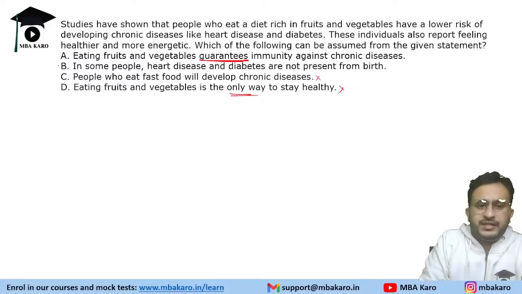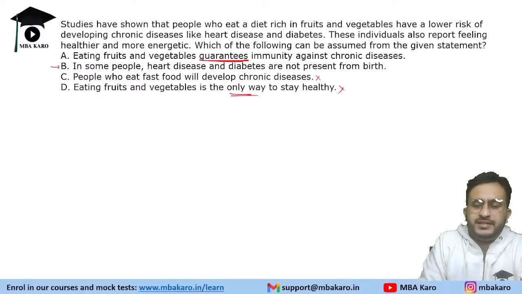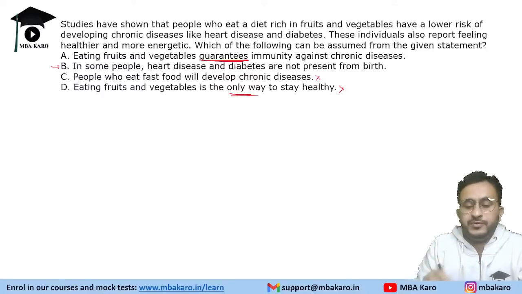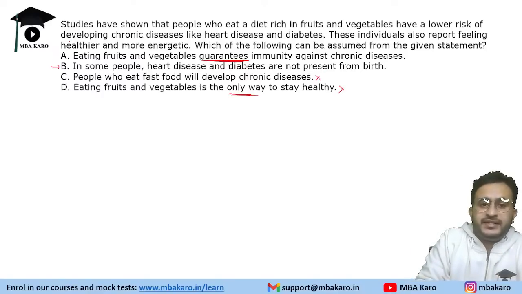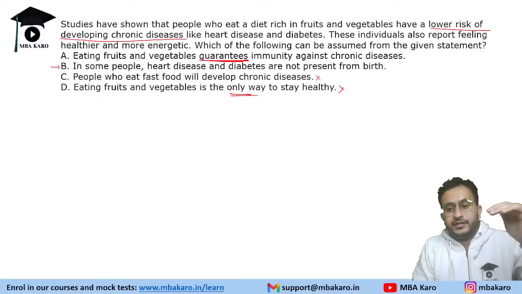Now understand this thing. Point B, many of you must be debating between A and B. B says in some people, see, the assumption won't be given directly, heart disease and diabetes are not present from birth. Now how is this an assumption? See, it says lower risk of developing chronic diseases. They are developing chronic diseases.